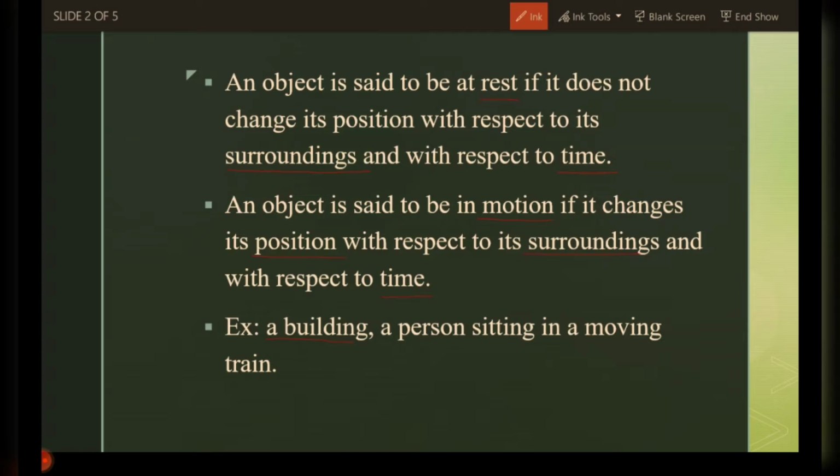But when we observe it from space, the earth will be moving, so the building seems to be moving, hence it is in motion. When we talk about motion and rest, it will always be with respect to surroundings and with respect to time.